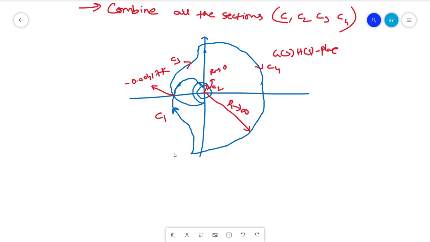If the point which we consider is in between -1 + j0 and the origin, then the system is unstable actually. Okay, we'll write the stability conditions clearly.